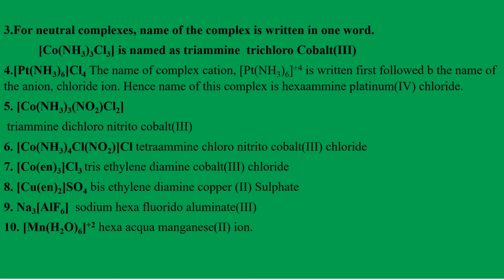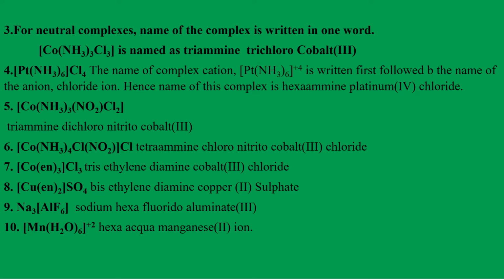Next comes chloro. How many are there? 2. Dichloro. The NO2 group is called the nitrito group. There is only one nitrito group, hence nitrito. Central metal atom cobalt and its oxidation number 3. So triamine dichloro nitrito cobalt 3. Okay, students. Next, number 6.